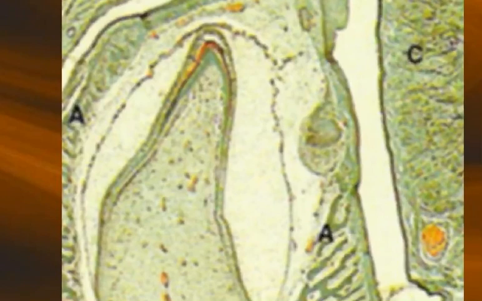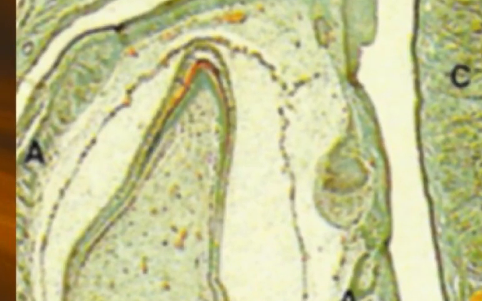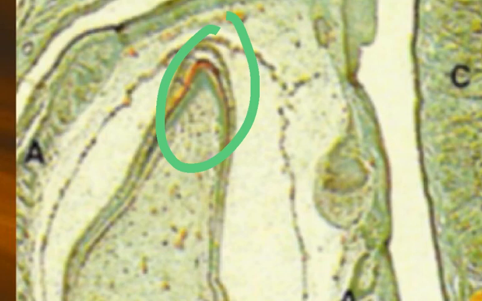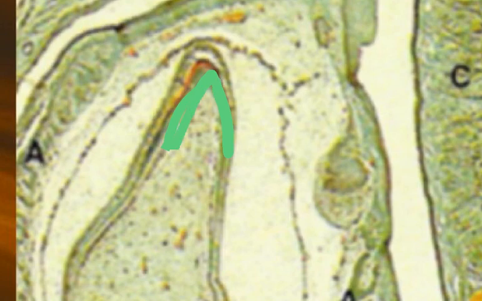So if we magnify this, you see here in the cusp tip or incisal edge region, there is secretion of dentine and enamel. The dentine is light green here, and the enamel is darker in stain. It's overlying the dentine. So when you see secretion, then we are in the late bell stage.